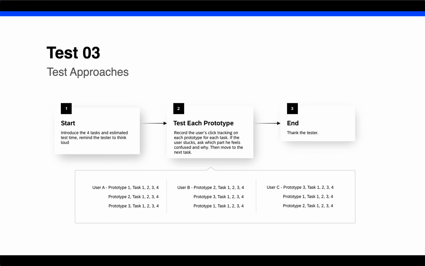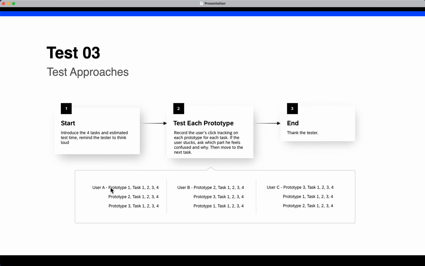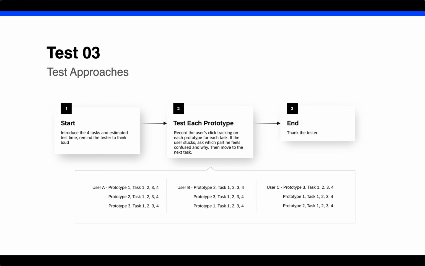Those unfamiliar things make the user spend more time on the first prototype. That's why in this test I shuffled the sequence a little. For example, for user A, I show prototype 1 first, but for user B, I show prototype 2 first, so that we can eliminate the bias of the user testing. That's something I want to mention.